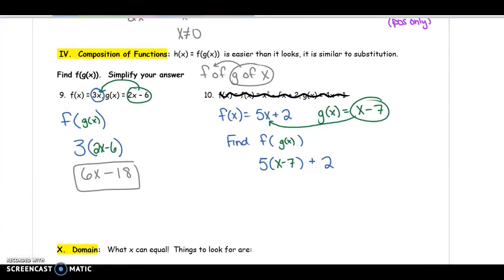Now we need to simplify. Distribute: 5x minus 35. And we still have the plus 2 from up above. Combine like terms, we have 5x minus 33. So f of g of x is 5x minus 33.